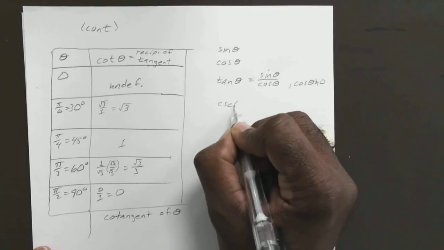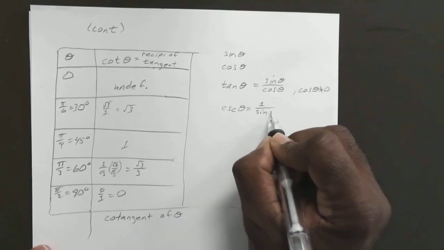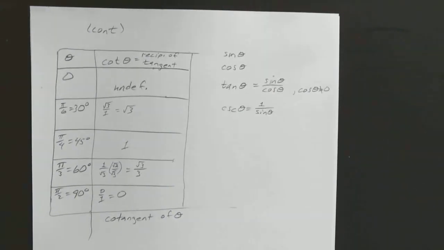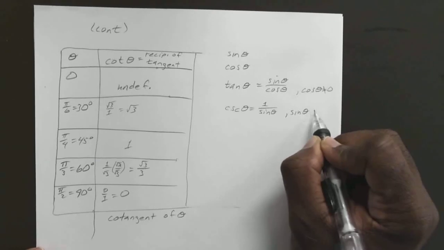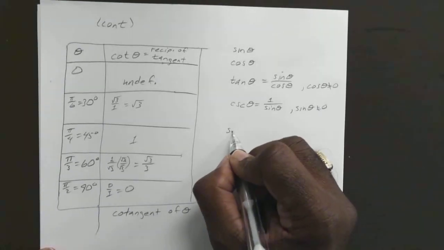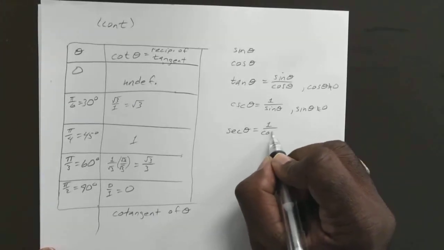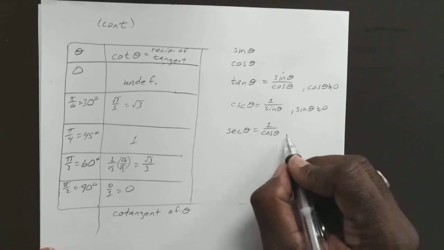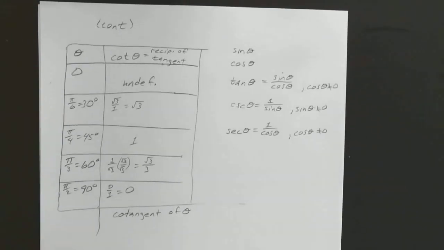You have cosecant of theta, which is just sine of theta flipped. So whatever sine of theta is, you're just going to flip it. Of course, we know sine of theta can't equal 0. You have secant of theta, which is cosine of theta flipped, where of course we know cosine can't equal 0.